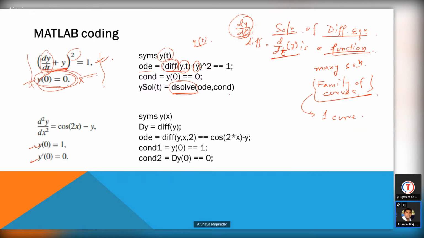When you use dsolve(ODE, condition), ODE means this is the ODE, and condition, this is the condition. Just write dsolve within brackets ODE, condition, and MATLAB will give you the exact solution. Now look at the second equation.